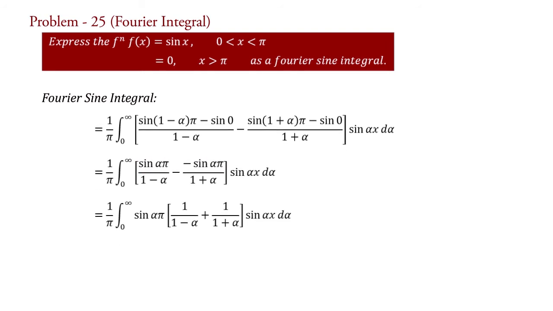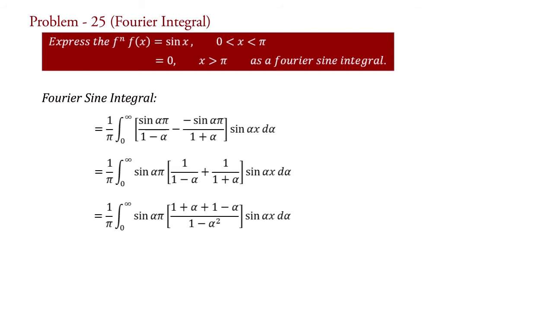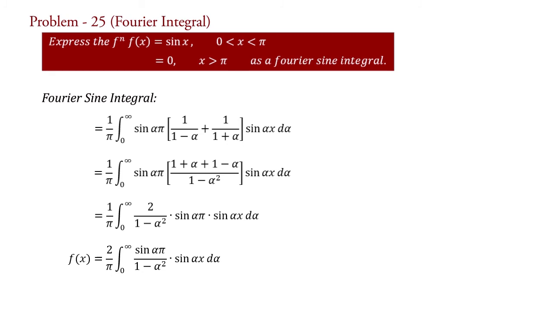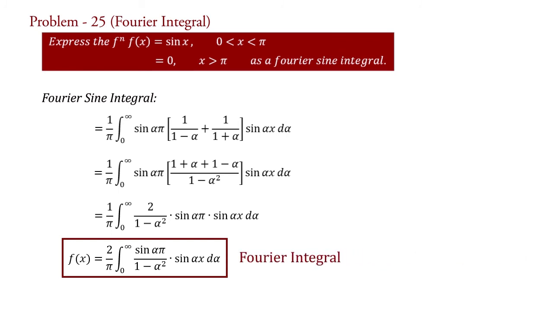Simplifying, we get f of x equal to 1 upon pi integral 0 to infinity sine alpha pi into 1 plus alpha plus 1 minus alpha upon 1 minus alpha square into sine alpha x d alpha, which is equal to 1 upon pi integral 0 to infinity 2 upon 1 minus alpha square into sine alpha pi into sine alpha x d alpha, which is equal to 2 upon pi integral 0 to infinity sine alpha pi upon 1 minus alpha square into sine alpha x d alpha. This is the Fourier integral of the given function.